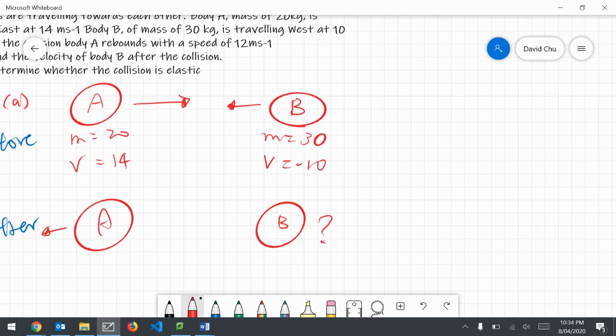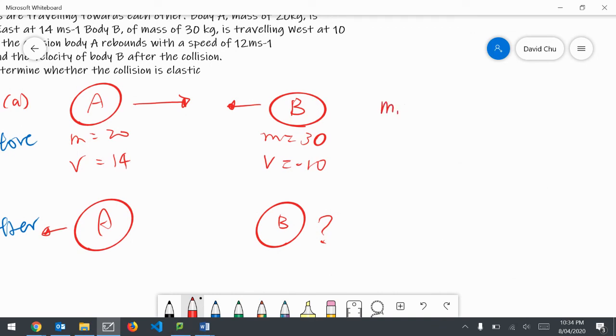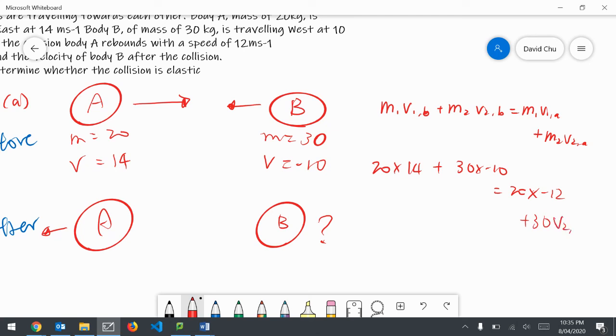Doing the calculation as before, m1 v1 before plus m2 v2 before equals m1 v1 after plus m2 v2 after. So you've got 20 times 14 plus 30 times minus 10 equals 20 times minus 12 plus 30 times V2A.